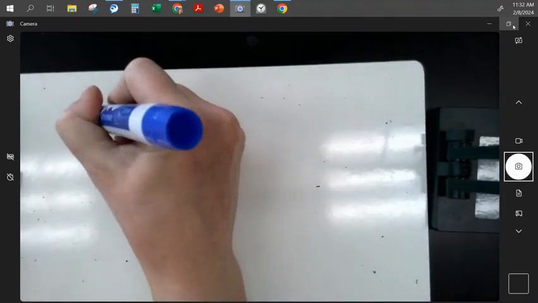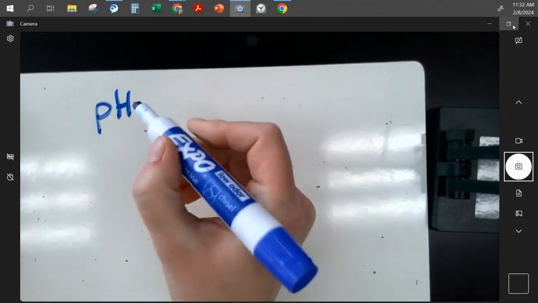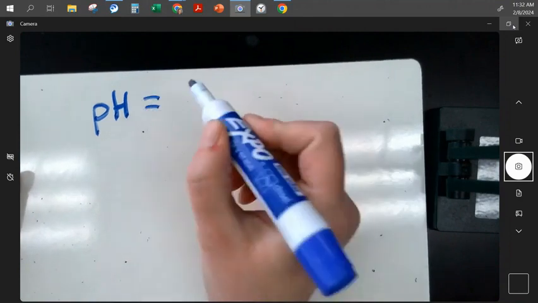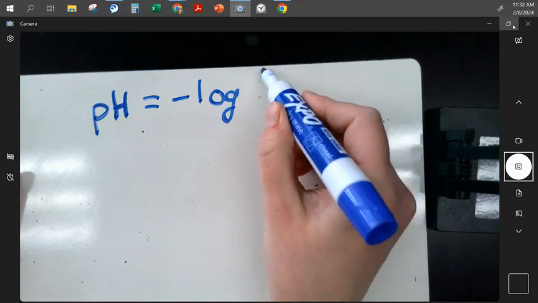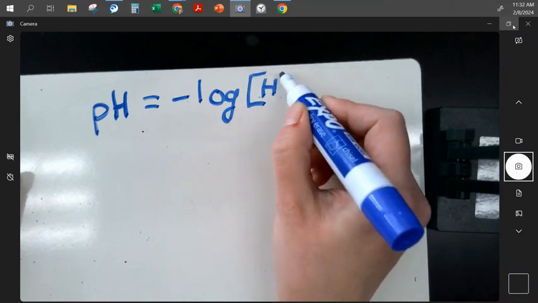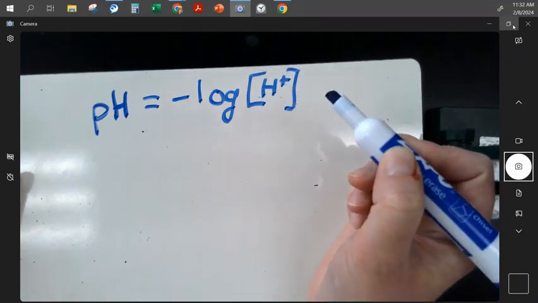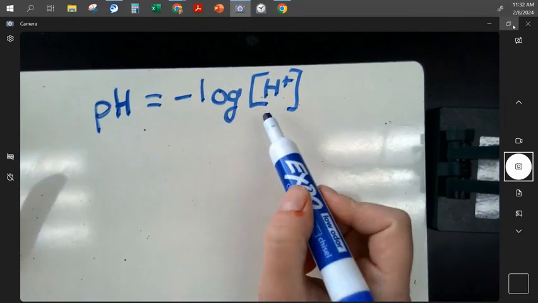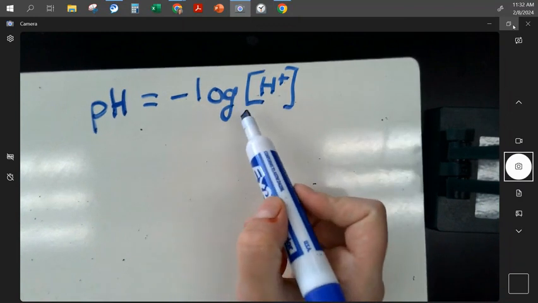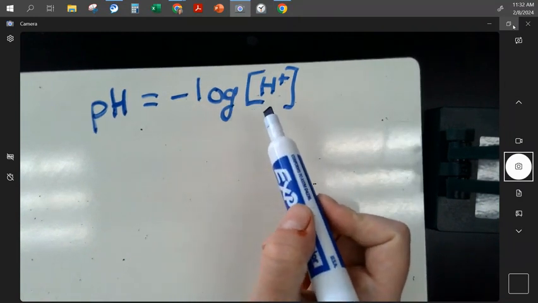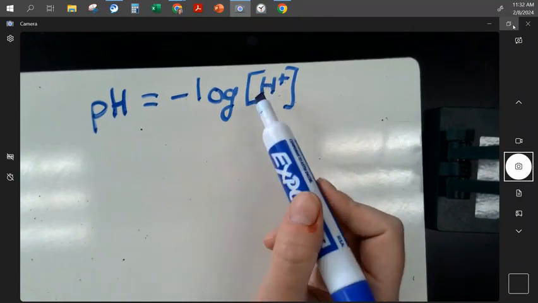All right, so when we are calculating pH, we're going to use this equation. The pH is equal to the negative log, so this is log base 10, of the concentration of hydrogen ions. Remember, chemists, instead of saying concentration of, use these brackets. So anytime you see these brackets in chemistry, we're talking about concentration.